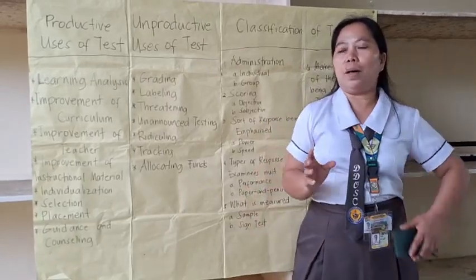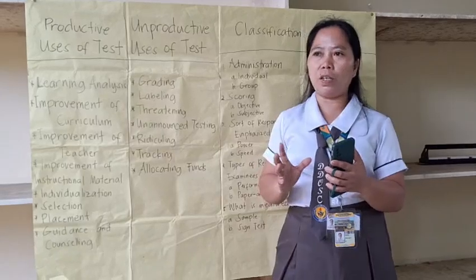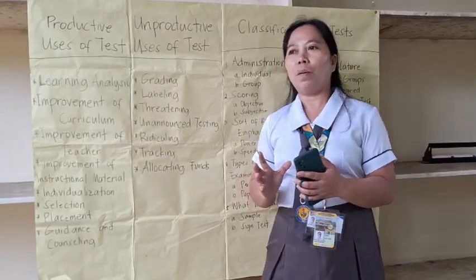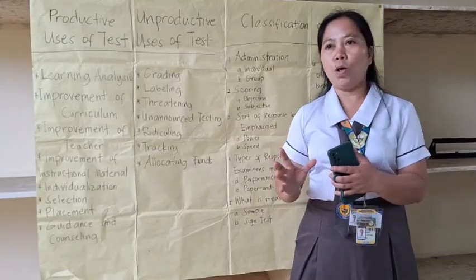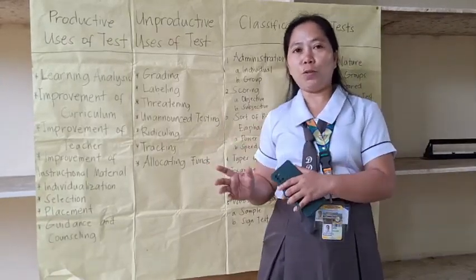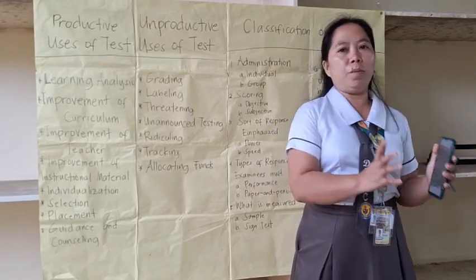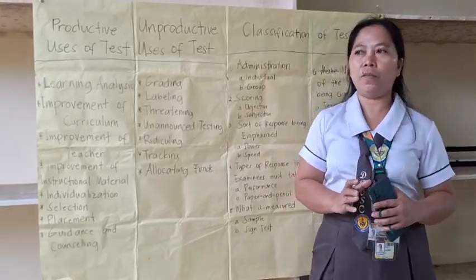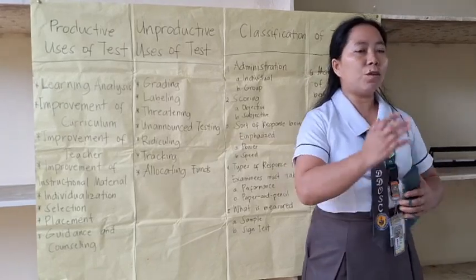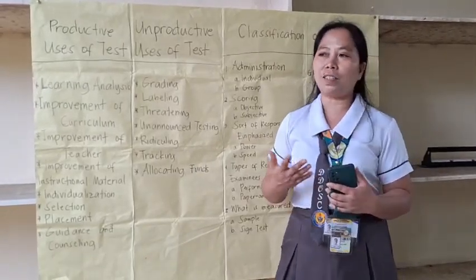Once, for example, at first, we are given a post-test or a prelim test. Tapos, this certain group got a low score. This certain group got a high score. So, those people who got a low score were ridiculed by their instructors. Di ba? Without re-evaluating or considering the result of their next test.